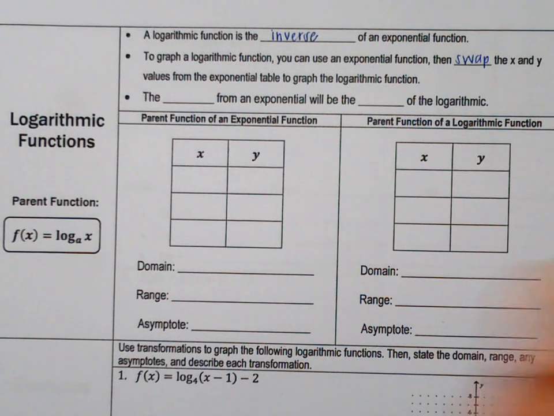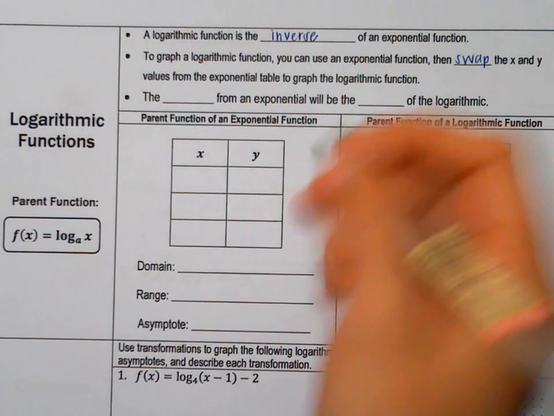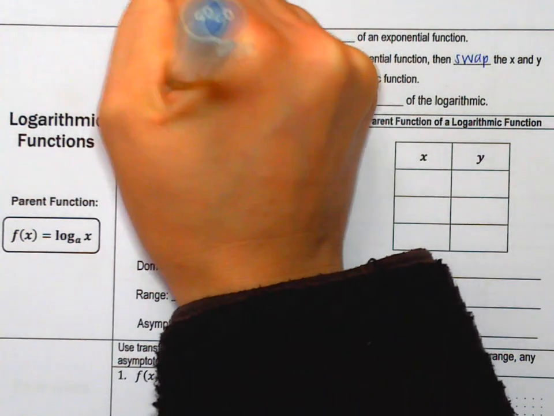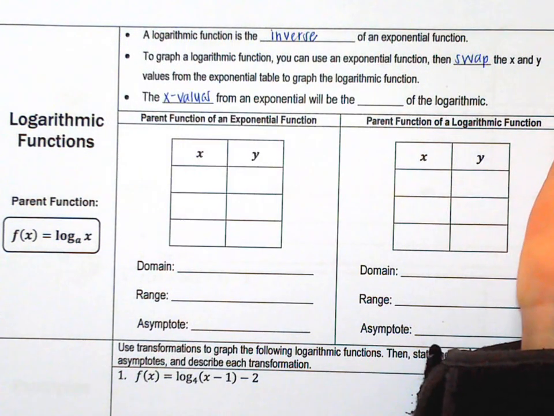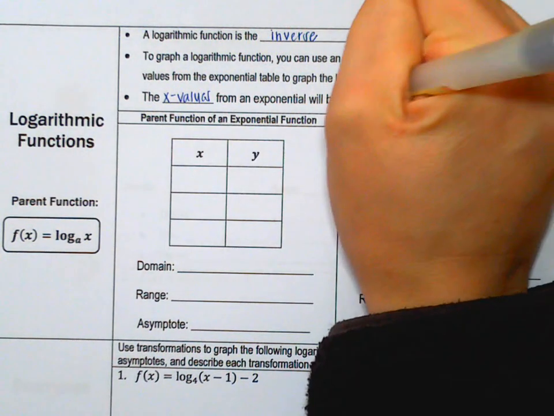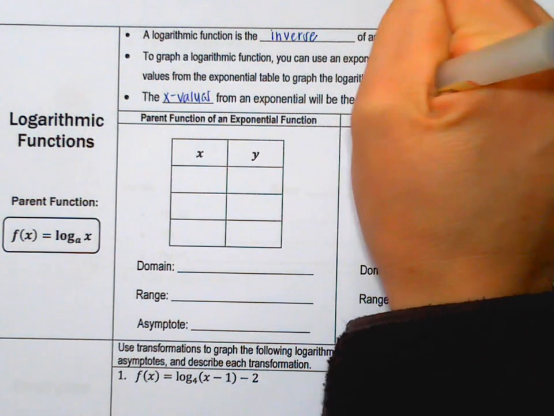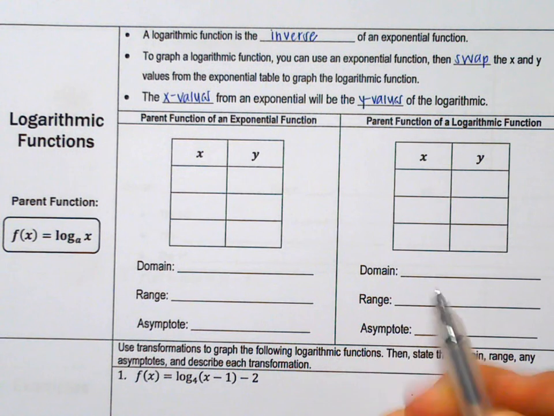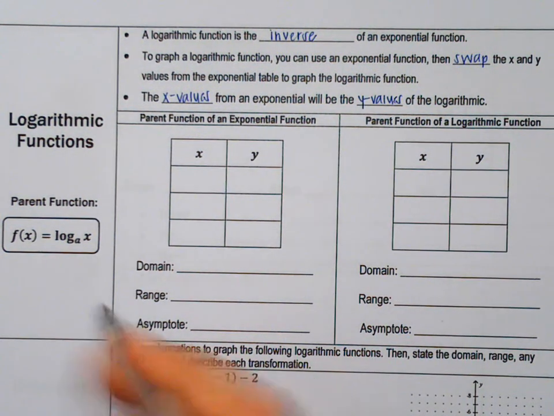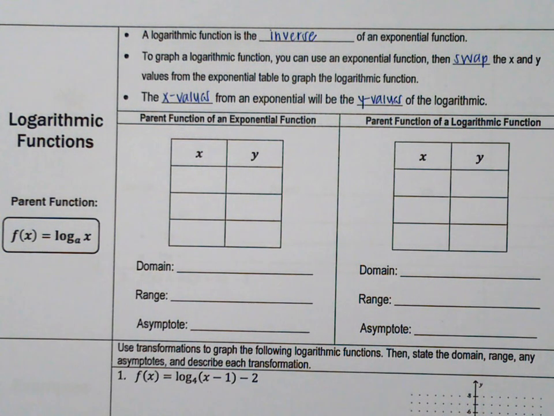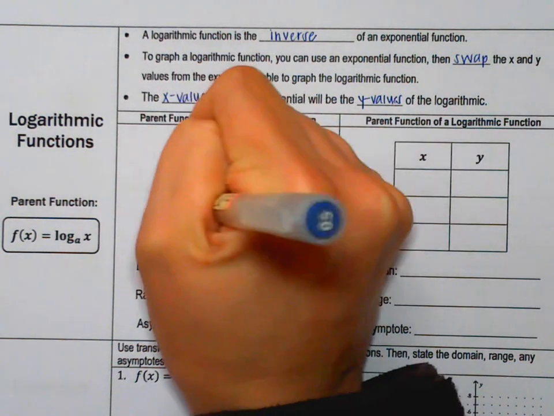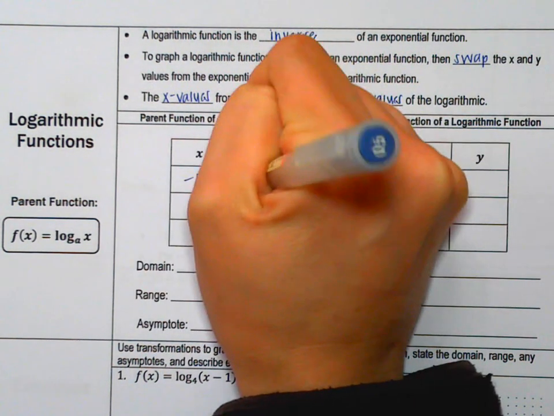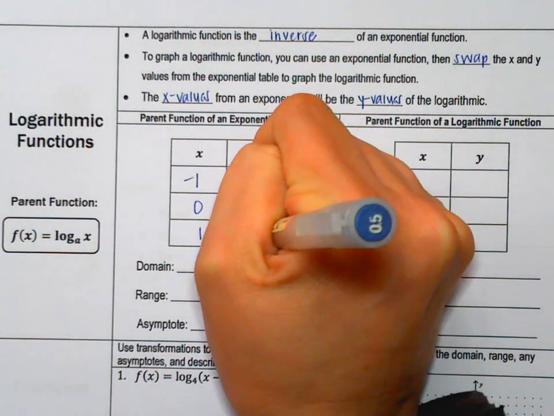So, let's finish this one. The x values from an exponential function will now be the y values of the logarithmic. We've already talked about how to graph the parent function of an exponential function. Remember, the x values are -1, 0, 1, and then we have 1 over a, 1, and a.